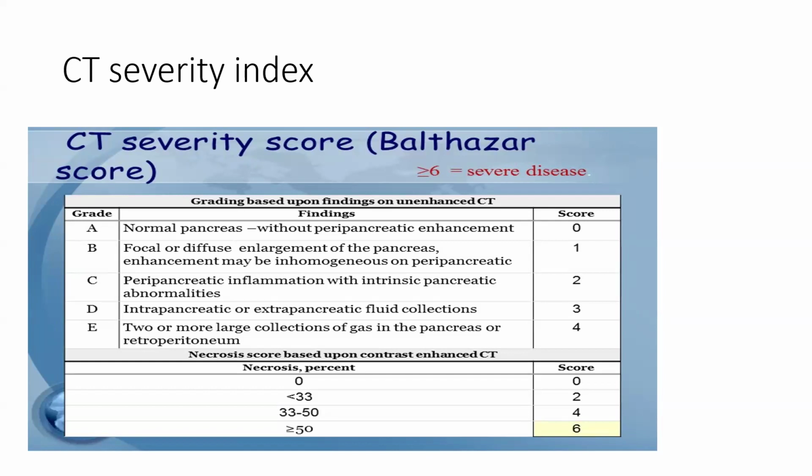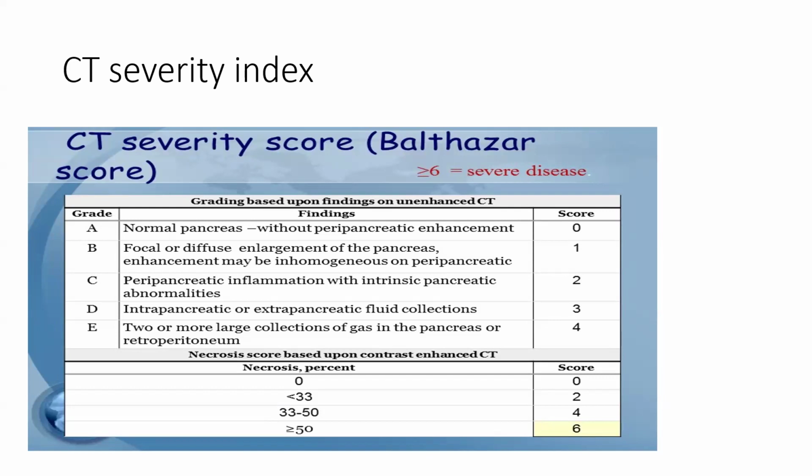Peripancreatic inflammation without intrinsic pancreatic abnormality has a score of 2. If there are intrapancreatic and extrapancreatic fluid collections, it has a score of 3. If there are 2 or more large collections of gas in the pancreas or retroperitoneum, then it has a score of 4. And if the total score is 6 or more, then it is a severe disease.